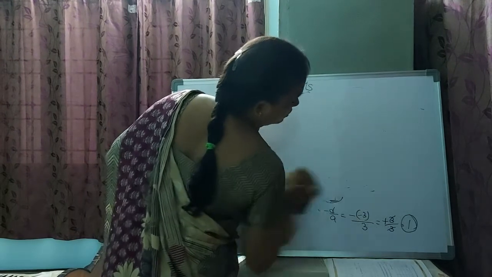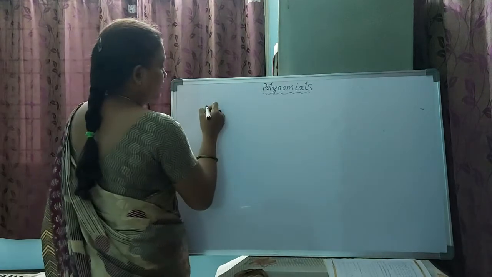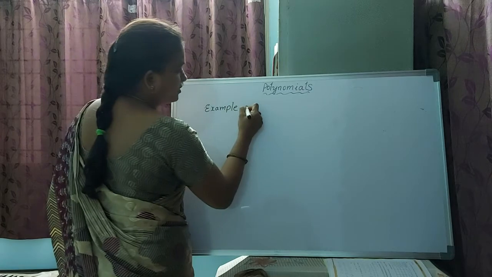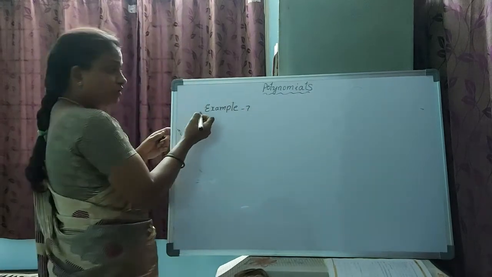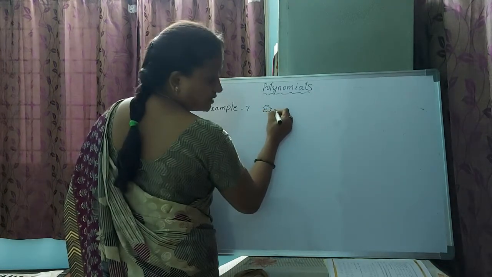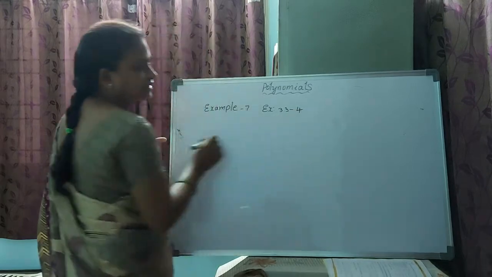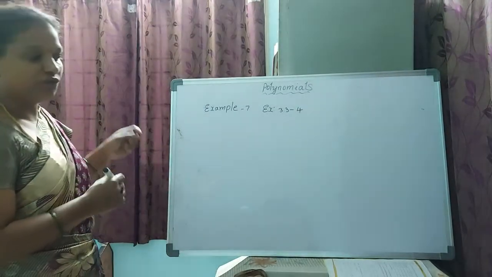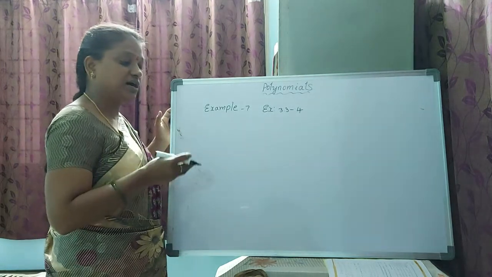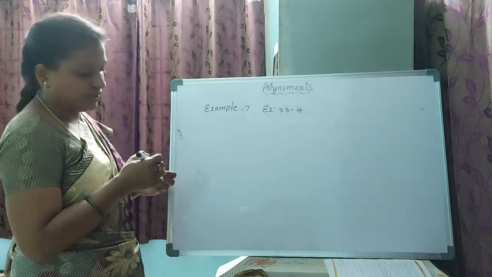Based on this example 7, you can do exercise 3.3, that too the fourth one. Same like that only. Okay, just now I explained everything. Instead of alpha, beta, gamma, you replace the alpha, beta, gamma values: 1, minus 1, minus 3. You have to replace that.